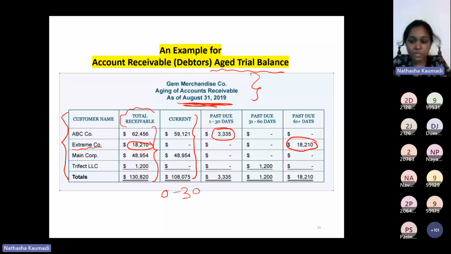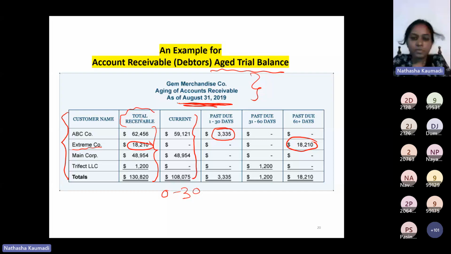Sometimes we will have to allow for doubtful debts for this 18,000 balance. So likewise, based on the age of the debtor balances, you can have this aged trial balance. You take the total, and based on the invoice dates, you categorize into these baskets. I hope you got an understanding about this one.